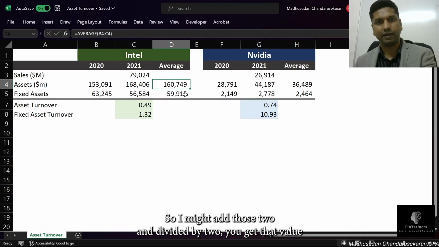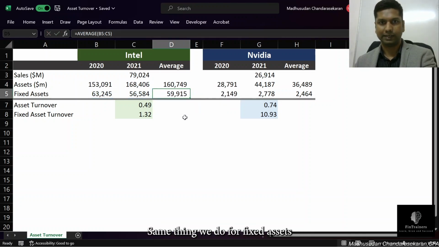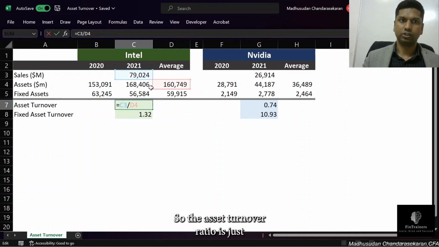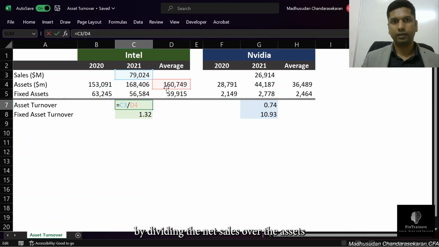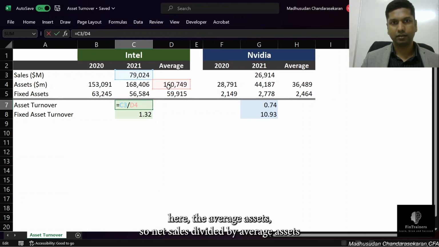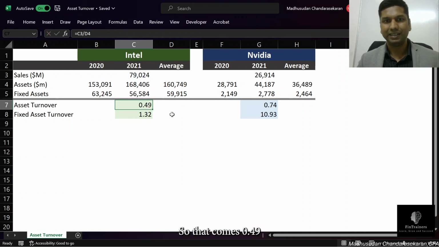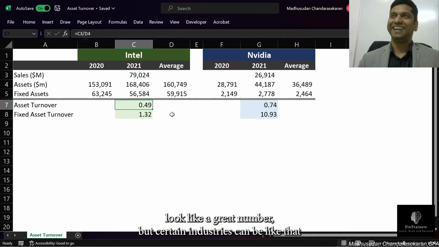You get that value. Same thing we do for fixed assets. So the asset turnover ratio is net sales divided by average assets. That comes to 0.49. It doesn't look like a great number, but certain industries can be like that.